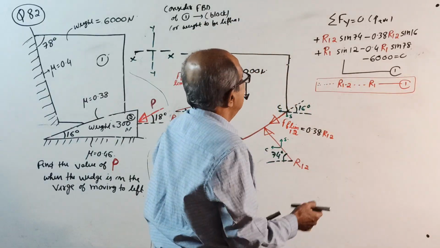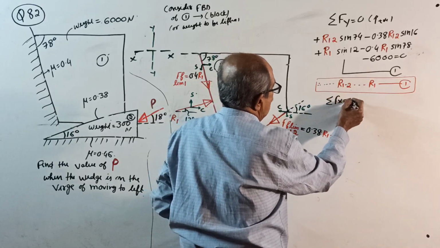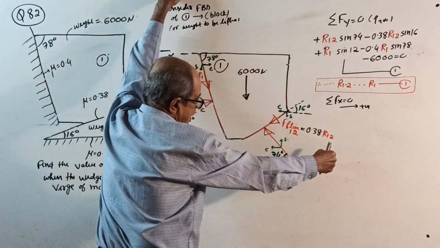Then sigma Fx equals 0, take right side positive. Start from here.